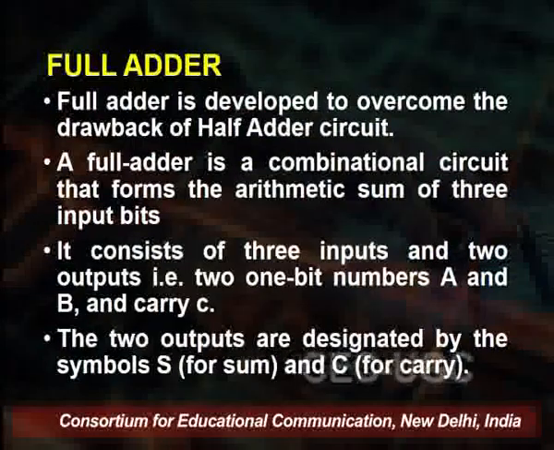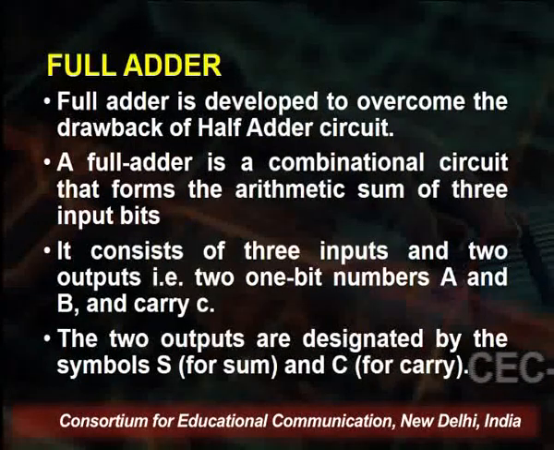Now what is a full adder? The name itself suggests it is going to take care of the addition of any number of input bits. Because the half adder was doing only 2 bits, here we have multiple bits addition possible through a full adder. So the full adder is developed to overcome the drawback of a half adder circuit.